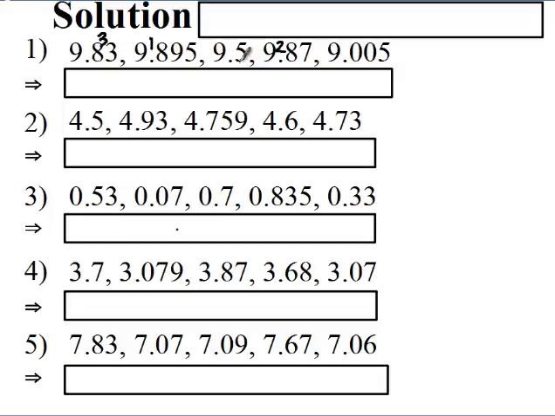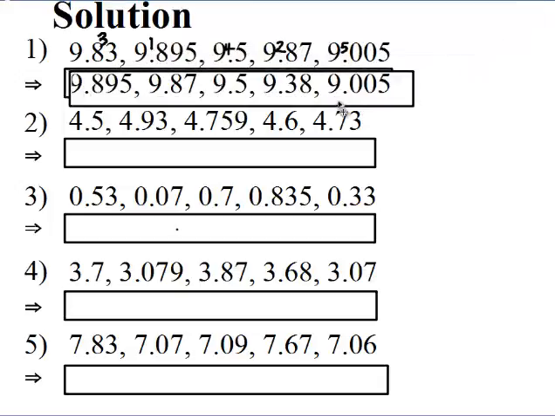The two of them comparing, this one has 5 in the 10th column, this one has 0. So this is bigger than the last one here. So in descending order, we have this as the descending order.